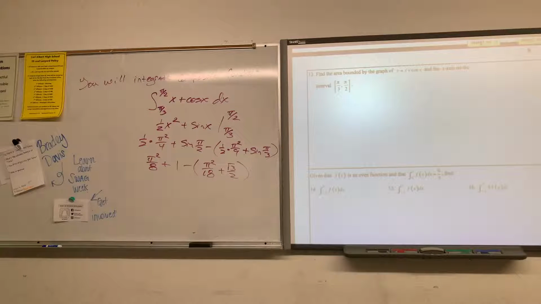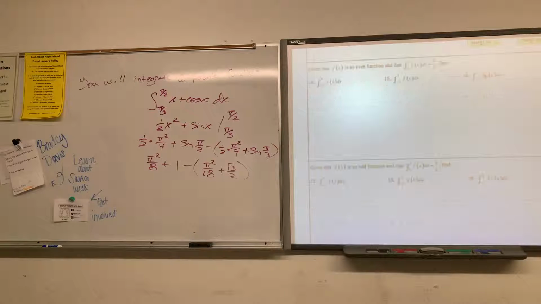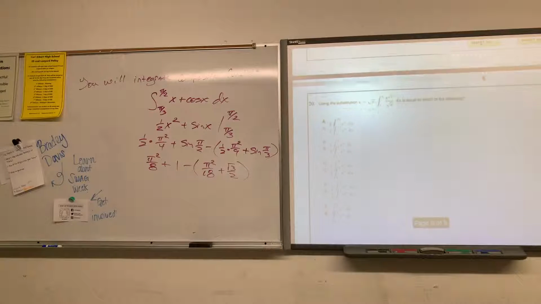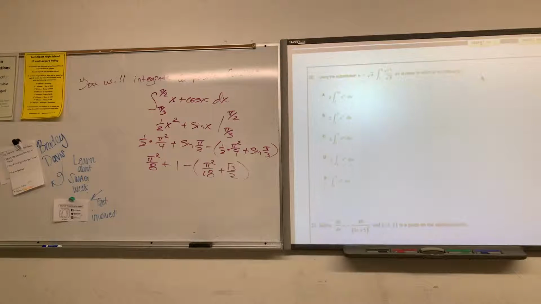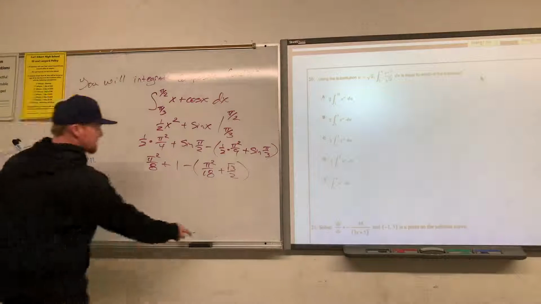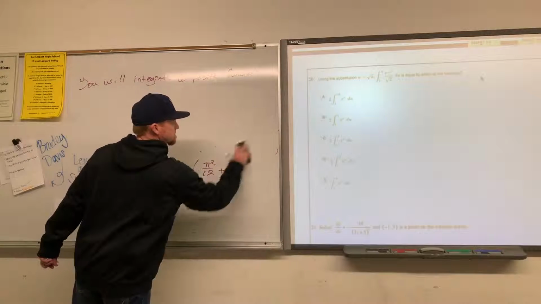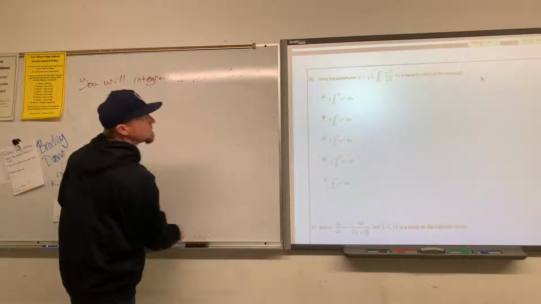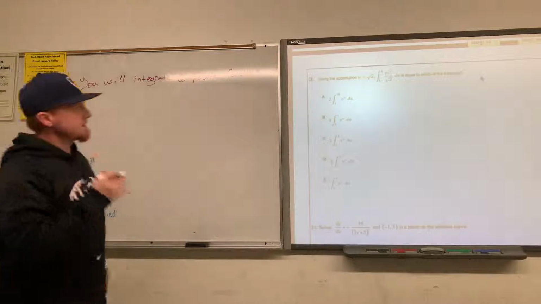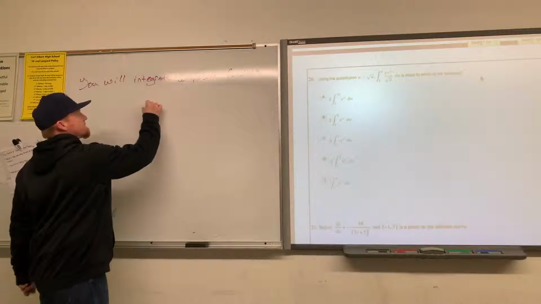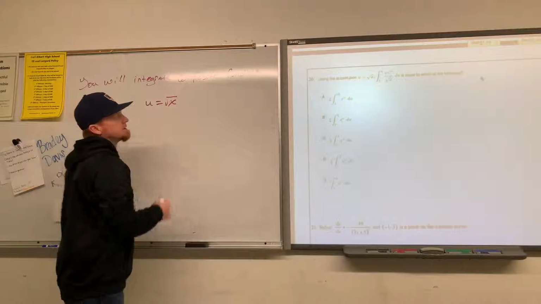All right, we did 14, 15, 16, 17, 18, 19 in class together yesterday. So that means we only have 20 and 21 left to work. All right, on 20, using the substitution, u equals the square root of x.